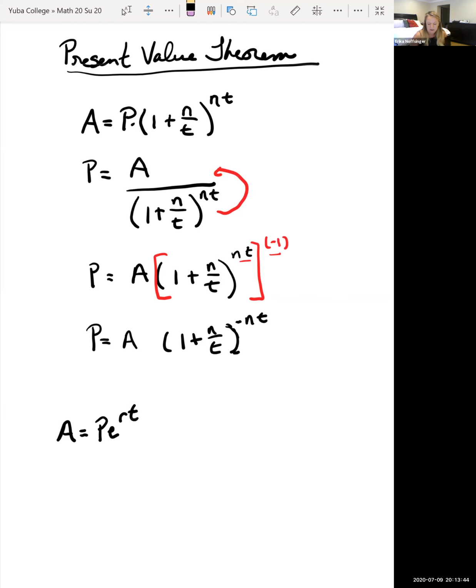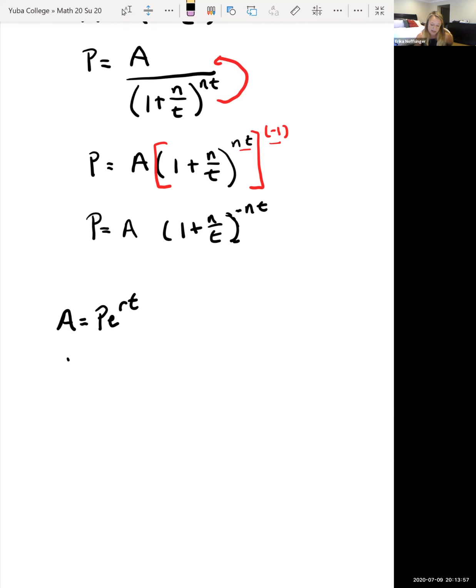So if I want to figure out that present value, how much I have to invest in order to get a certain amount after time t, I could solve for P here. We could divide both sides by e to the RT. So P is the same thing as A divided by e to the RT.